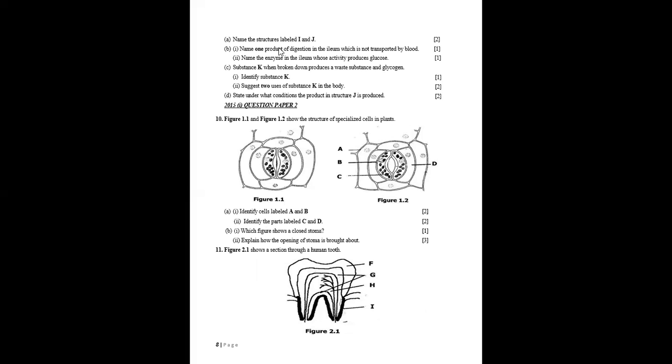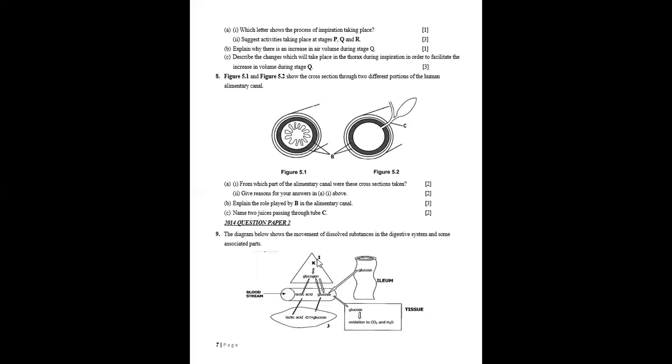Name the structures labeled I and J. Okay, the glycogen. You know that glycogen occurs in the liver, and lactic acid, from glucose, is produced in the muscles, the muscle tissue.